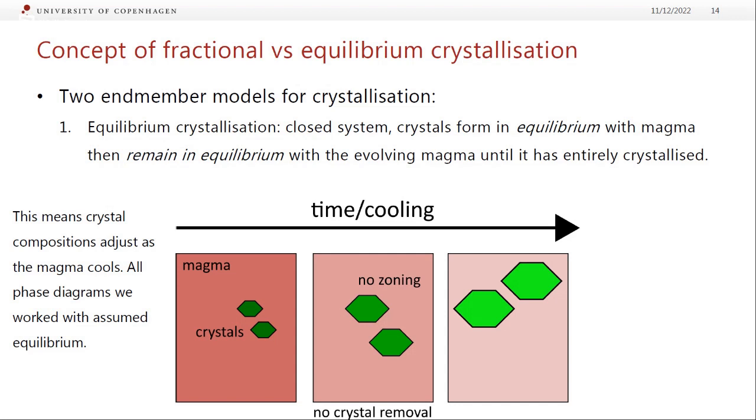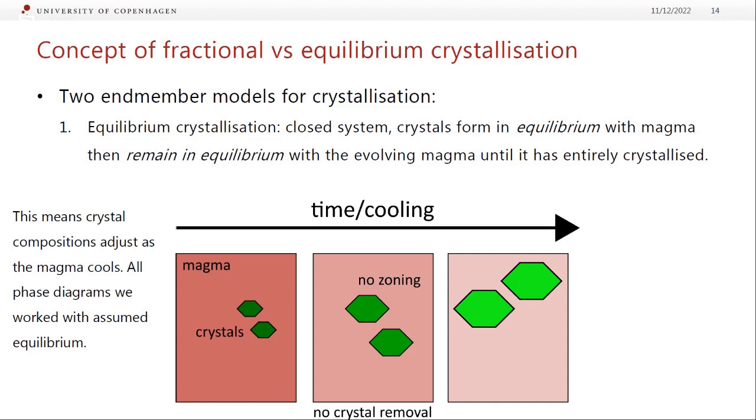So we're not separating melt and crystals, they're just sitting there together. And the crystals are forming in equilibrium with the magma. This means that they're at the same temperature, and that the composition is actually going to adjust as we keep crystallizing, so that the magma and the mineral are always kind of happy together.